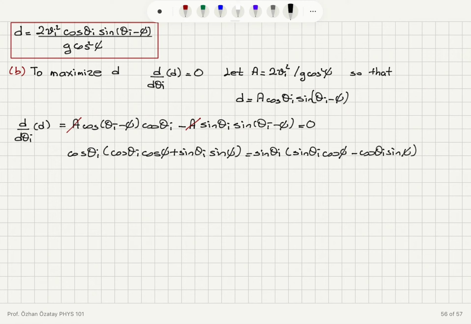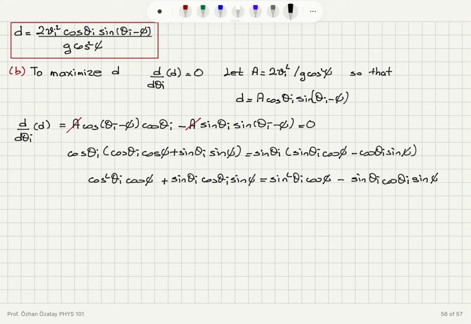So you can see I will obtain a cosine square theta initial cosine phi here plus sine theta initial cosine theta initial sine phi. This must be equal to sine square theta initial cosine phi minus sine theta initial cosine theta initial sine phi.